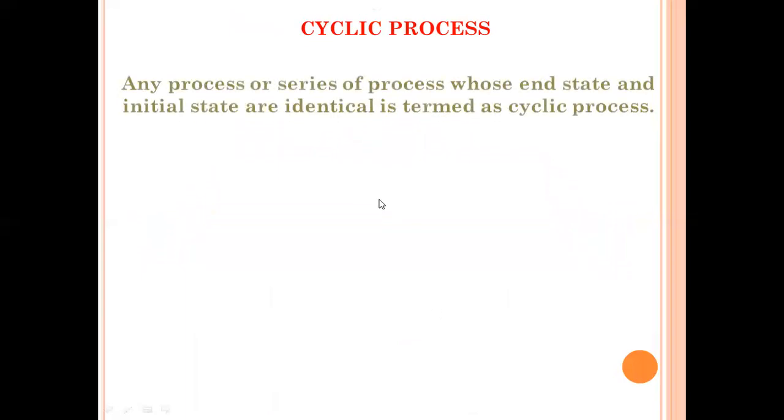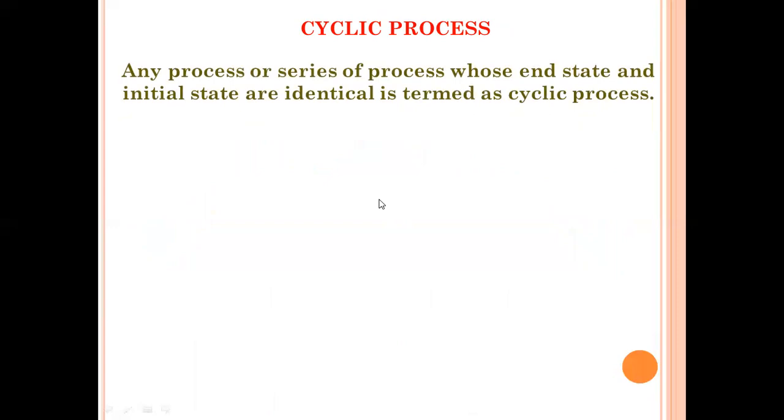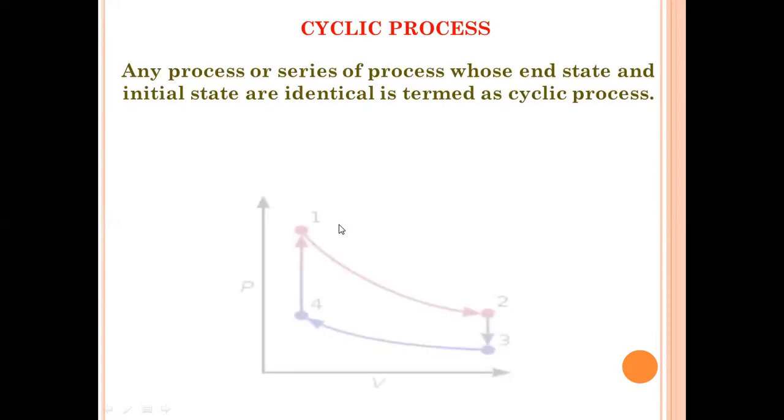And the last is the cyclic process. Any process or series of processes whose end state and initial state are identical is termed a cyclic process. When a system undergoes a number of processes, and during the transformation the system regains its original state, that process is called a cyclic process.